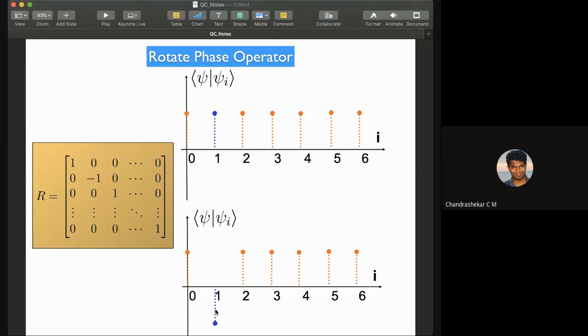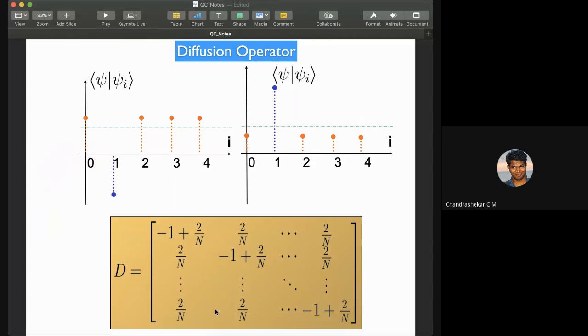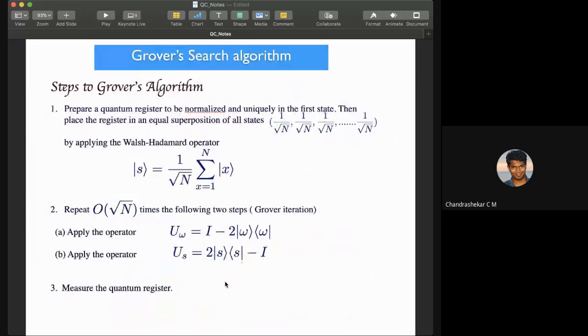And then the next step is this diffusion operator. That's what we call it. So now we see this D and R. You don't have to worry about the detail in this operator. You can even look at the picture, which I'm showing as an output of that operation on the state.